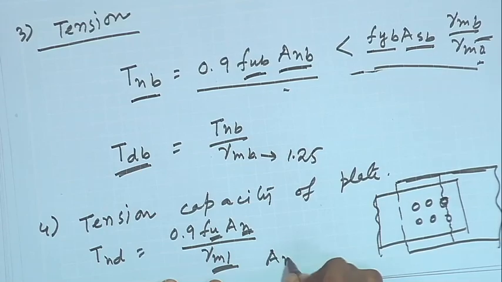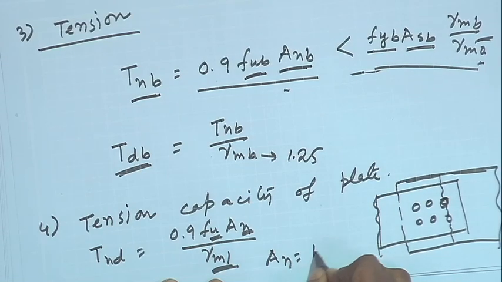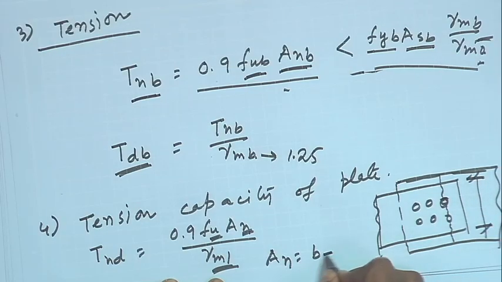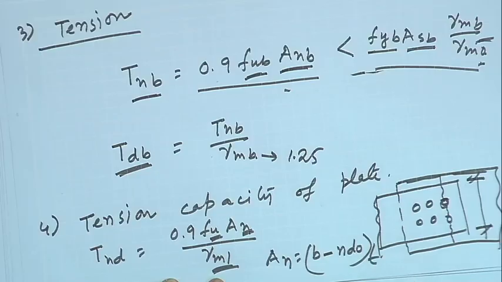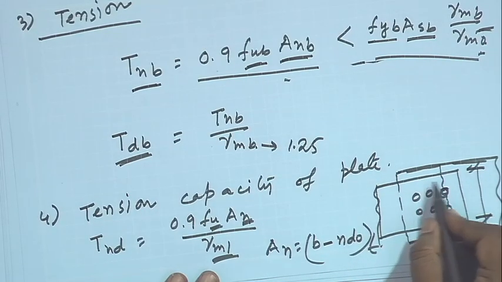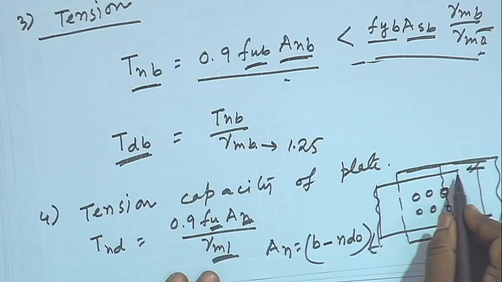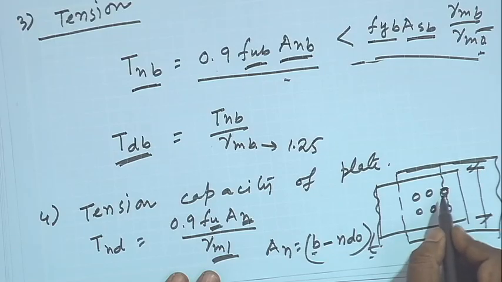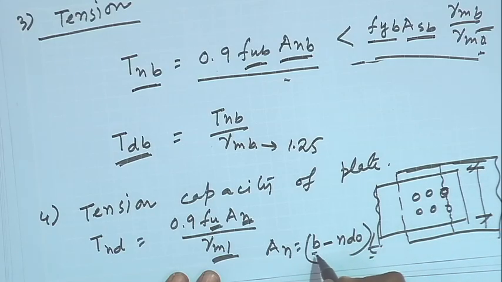So, what will be the effective area? An will be, if B is the width of the plate, then B minus n into d0, into T. If we had to calculate the tensile strength of the solid plate, then simply B into T, but because of the presence of holes, the net area is going to be reduced.